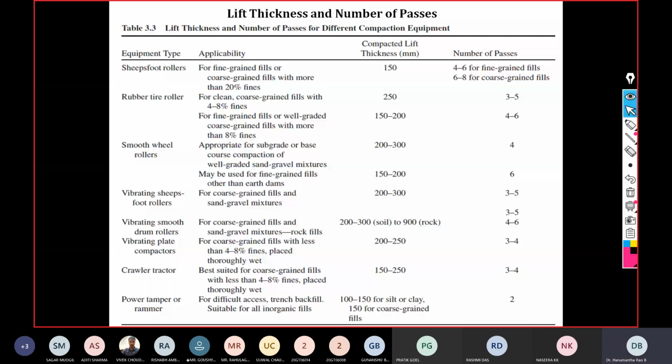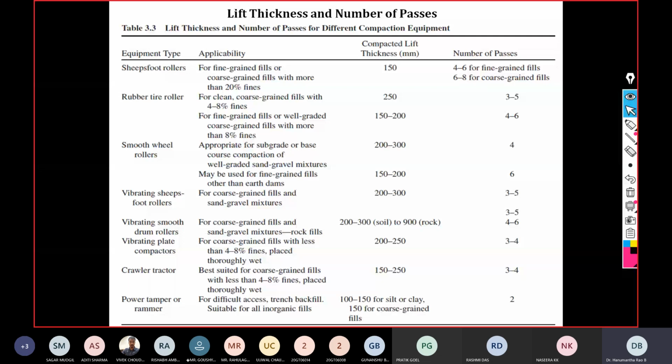Then the rubber type roller. If the rubber type roller is used for clean coarse grain fills, now you must remember everywhere, in the field, we always try to determine what the fines content is in a given soil. Usually in all ground improvement techniques, we always bother about how much the fines content is.